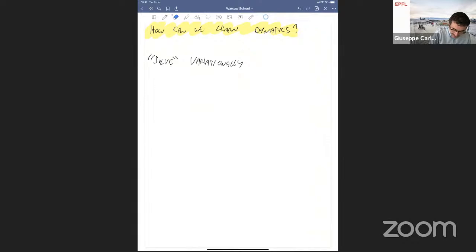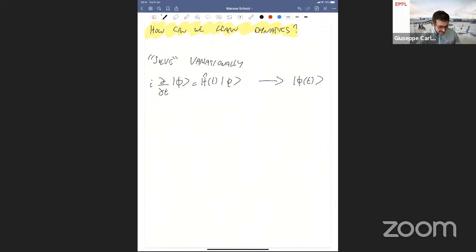Let's say that my Hamiltonian also depends on time, and you want to solve for this state phi at time t, with some initial condition phi 0, which can be relatively simple.